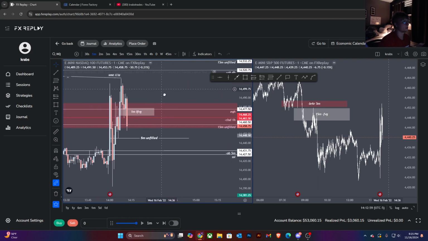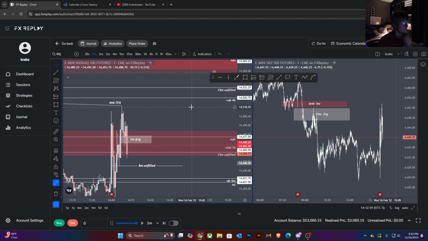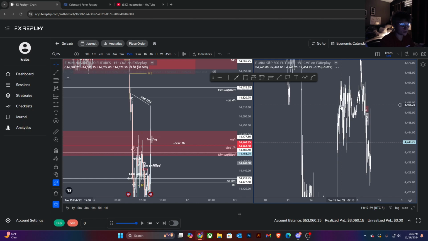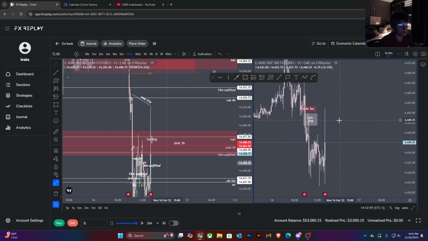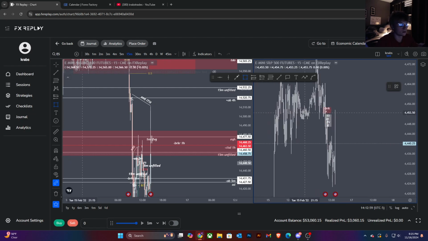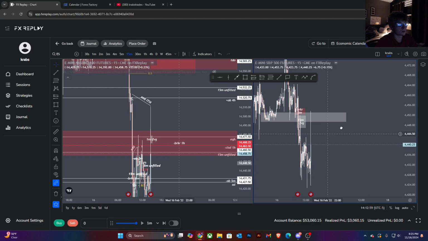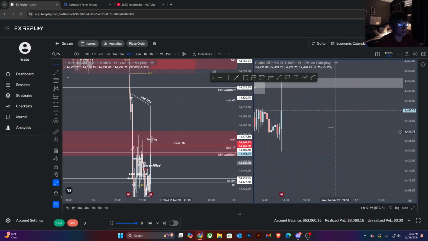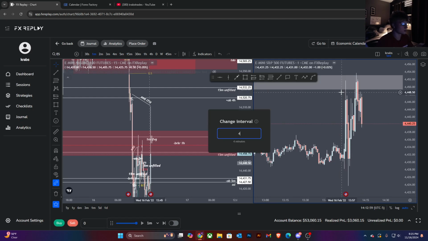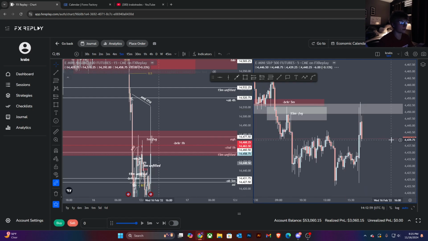Delivery from premium, SMT at the high. Let's see if that 15 minute. ES also tapped key level here. These like order blocks. Rejection off there. ES also has that 5 minute unfilled fair value gap.